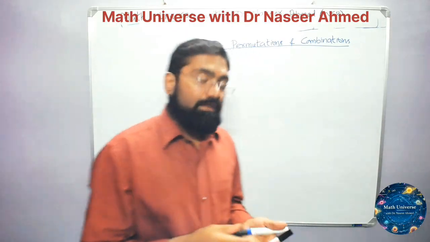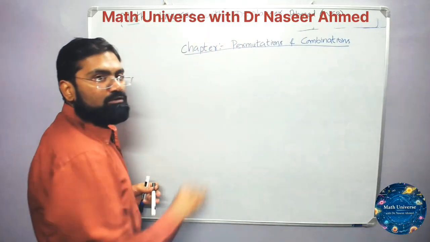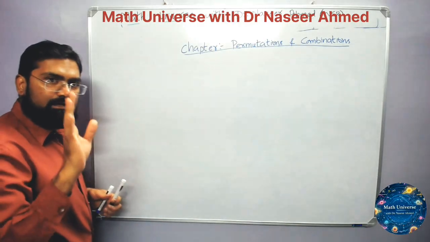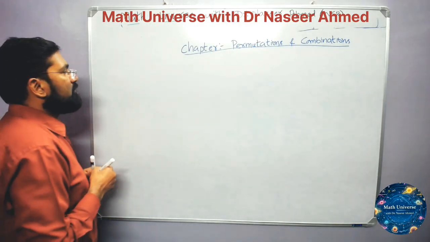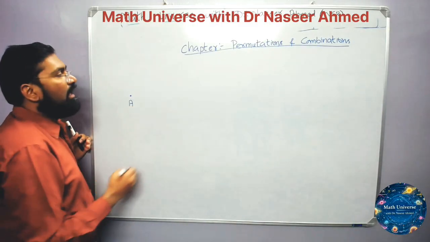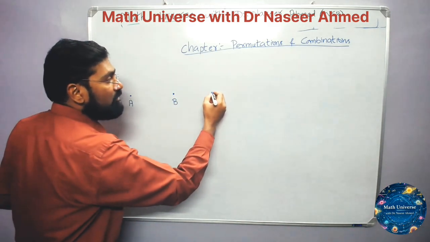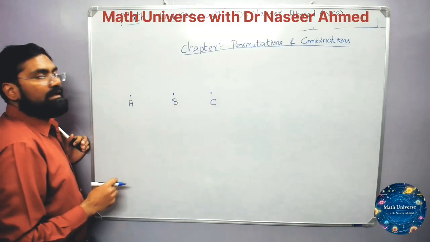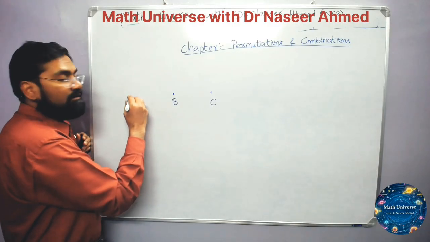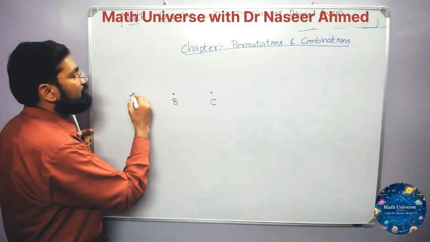Now let us go ahead with an example before going to the definition of both permutations and combinations. Let us have a scenario where you are placed in a location A and you want to travel to a location B, but actually your destination is C. I repeat again, I want to reach from A to C, and the paths are these.